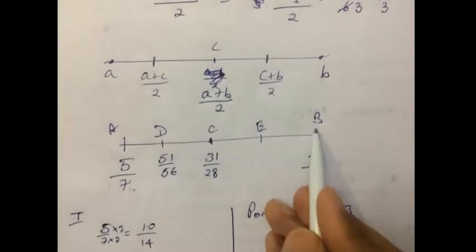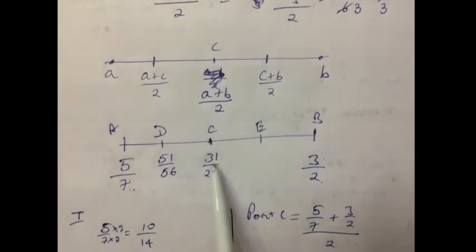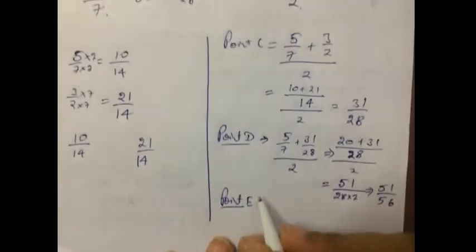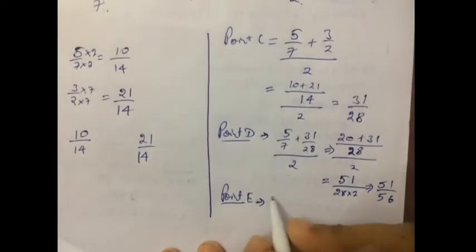Point E is in between C and B. So we have to find (C plus B) by 2. Now C is over here.